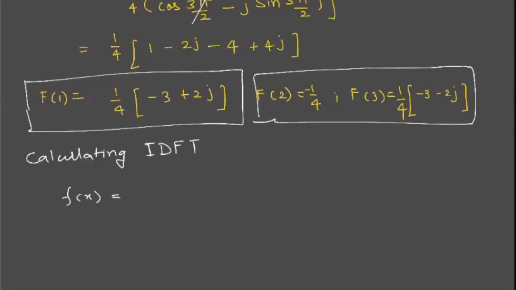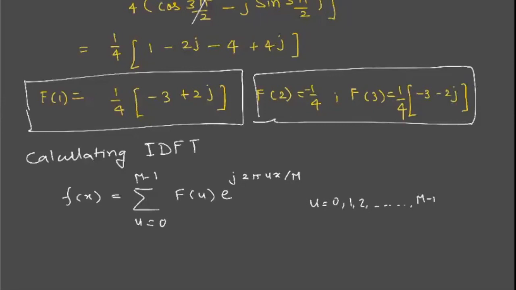If you have not taken it over there, then here you need to include that multiplication of 1 by m. So now my summation will be from u equals 0 to m minus 1 of f of u times exponential of, instead of negative it will now be positive, j 2 pi u x by m, where again our u is going from 0, 1, 2 to m minus 1.